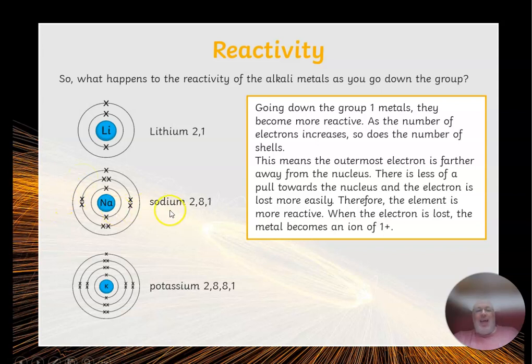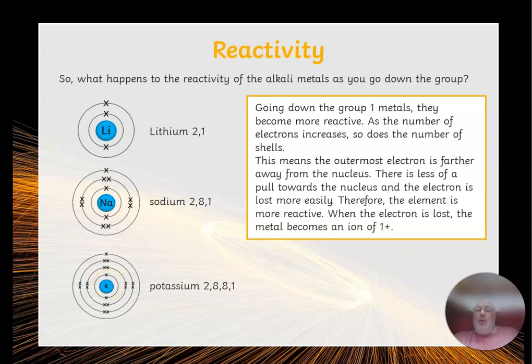But why is it then that it's getting more and more reactive as we go down? Well, what we can see differently is that there are more electrons in each element. So if we look at these diagrams, the distance between the nucleus and this 1 electron is getting greater because it's further and further away from the nucleus.